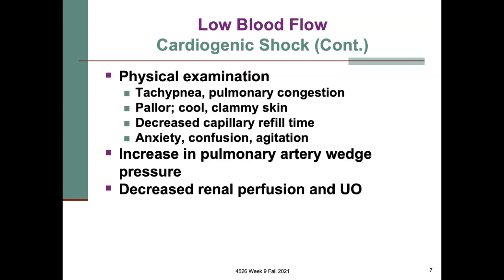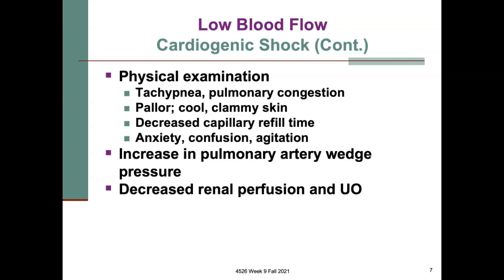If you look at the hemodynamic profile, your pulmonary arterial wedge pressure and pulmonary vascular resistance are going to be increased. Remember, pulmonary arterial wedge pressure will tell you if the heart is in heart failure, because there's an increase in fluid due to the inability of the heart to pump.